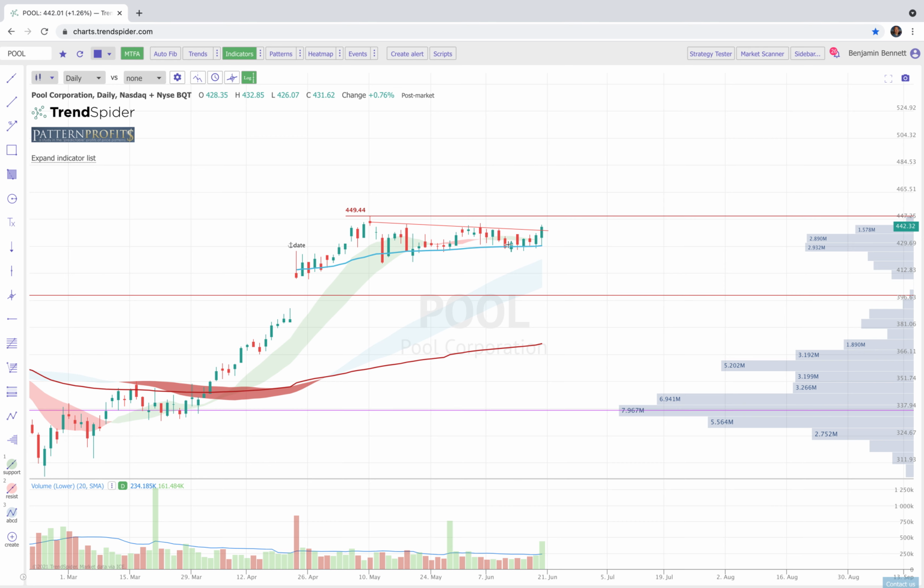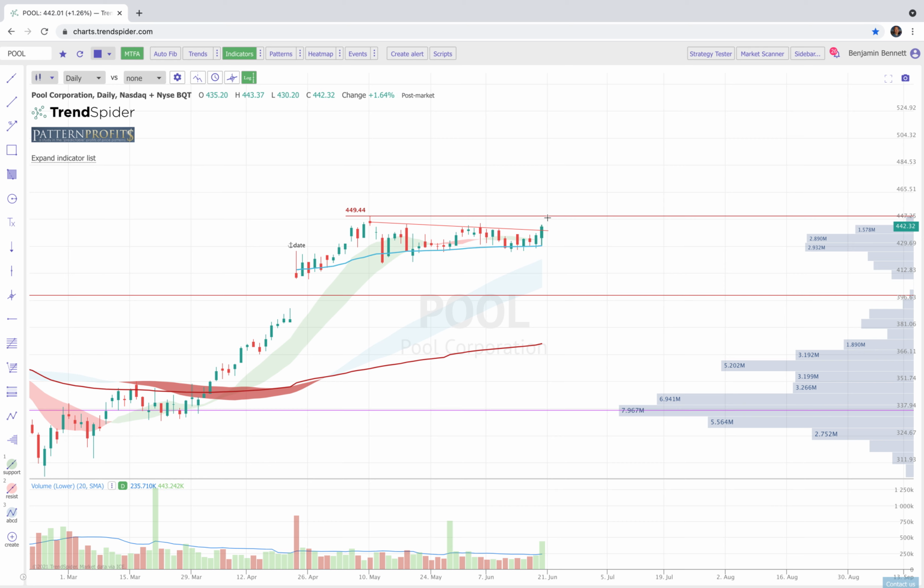This again, more risky to take an entry down here at support, but also more reward. So this is your safest entry at the standard pivot, less reward, a little bit more reward if you're right on a descending trend line or handle break, significantly more risk trying to buy down in the base, but again, more reward.